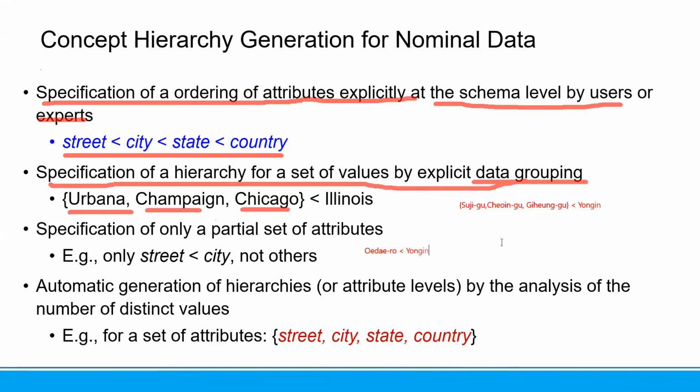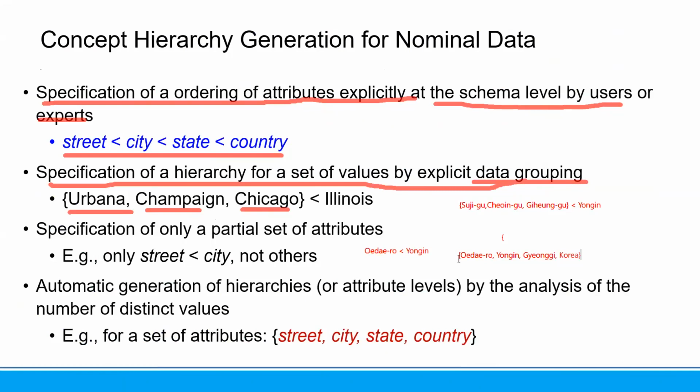For example, I can make the values like this one: the street, it is in Yongin city, it is in Gyeonggi province, it is in Korea. If you look at this one, we have the same level, but here we have a different level, and we want to check the difference between the data.